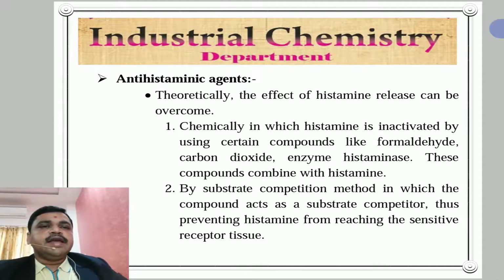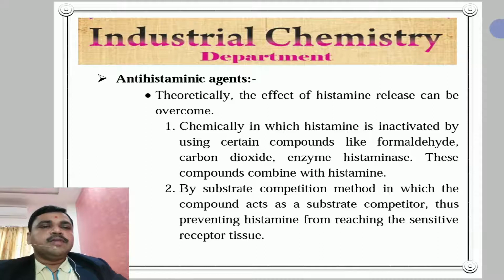Number 1, chemically, in which histamine is inactivated by using certain compounds like formaldehyde, carbon dioxide, enzyme histaminase. These compounds combine with histamines.